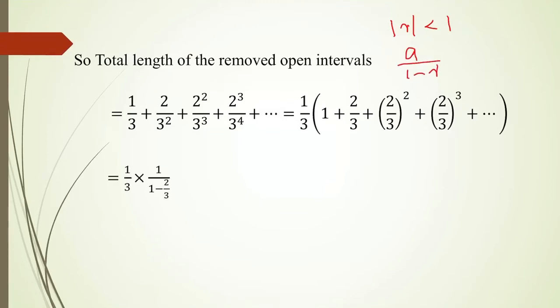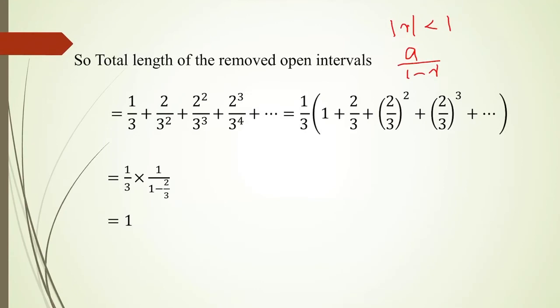So we will have 1/3 times 1/(1 - R), which is 1/(1 - 2/3). 1 - 2/3 is 1/3. You can cancel 1/3 and 1/3 and we will get 1. Okay, so the total length of removed open intervals is equal to 1.